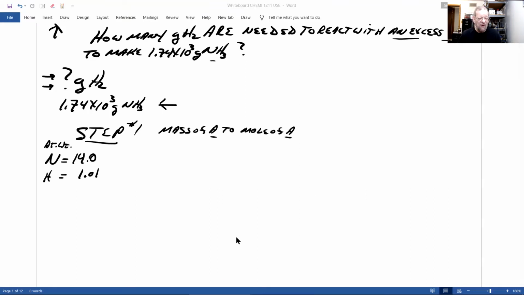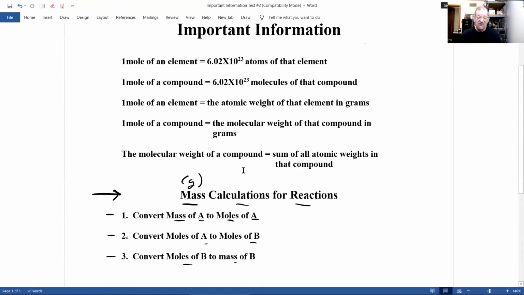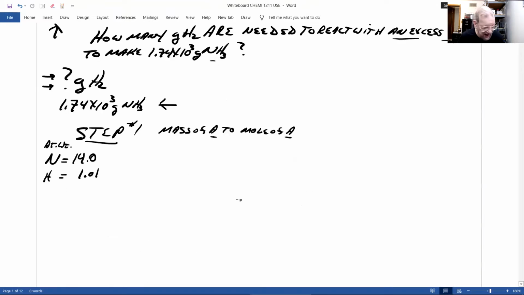If you go to important information, test number 2, 1 mole of a compound equals the molecular weight of that compound in grams, and the molecular weight of that compound is the sum of all atomic weights. And now, we're only going to ask you to try and set up step number 1. Only step number 1 now.